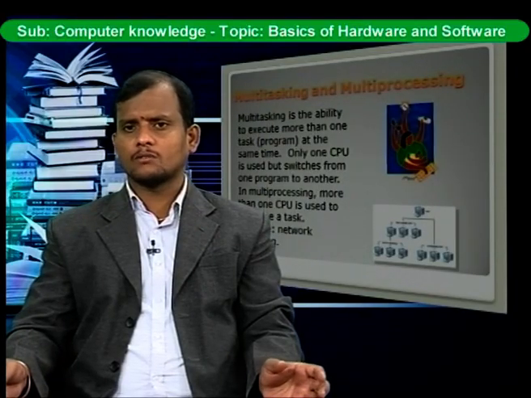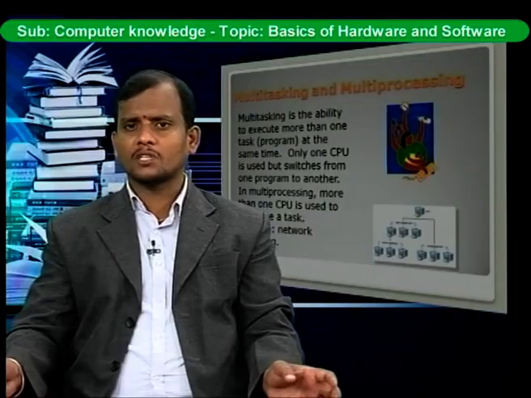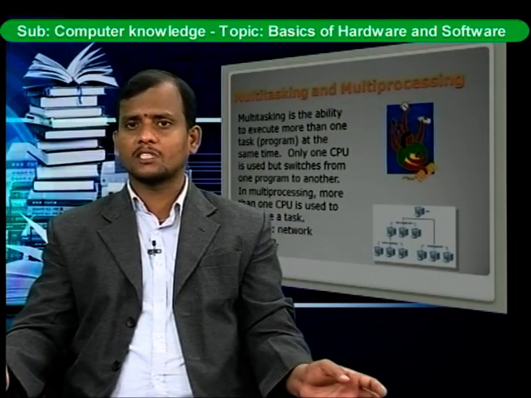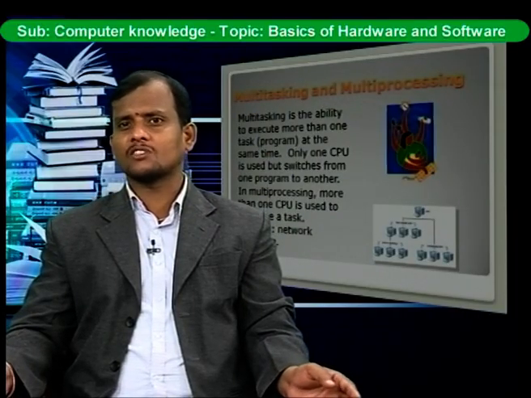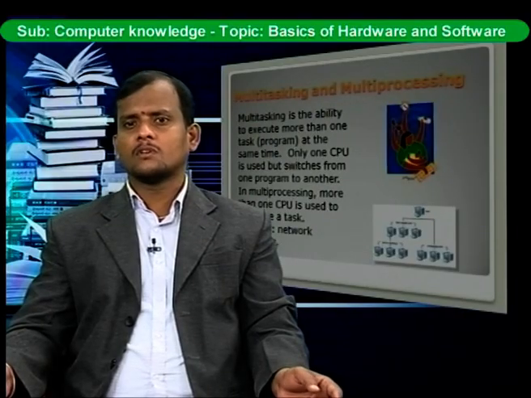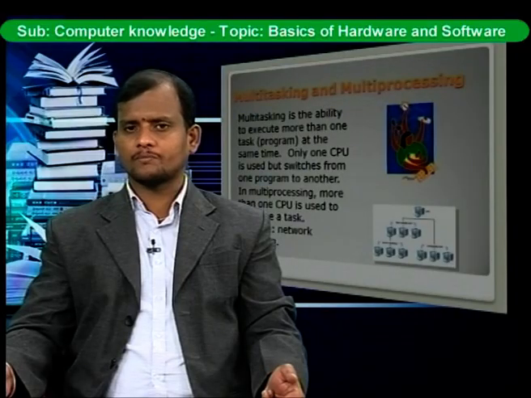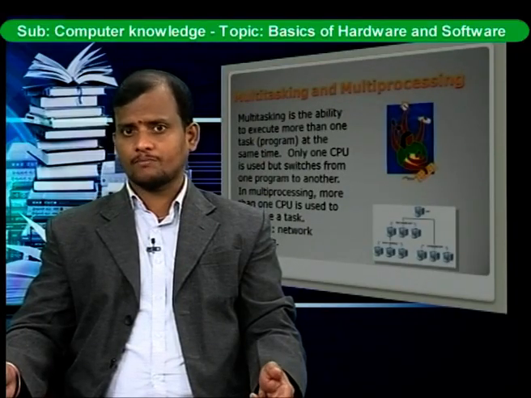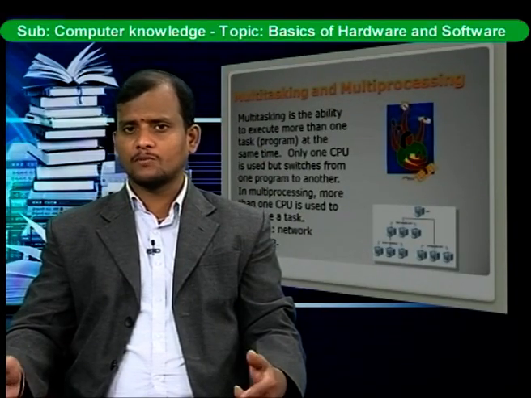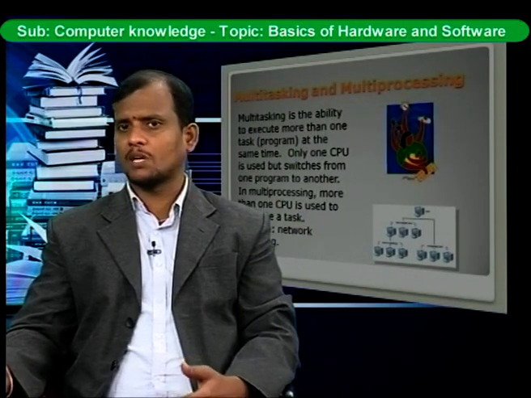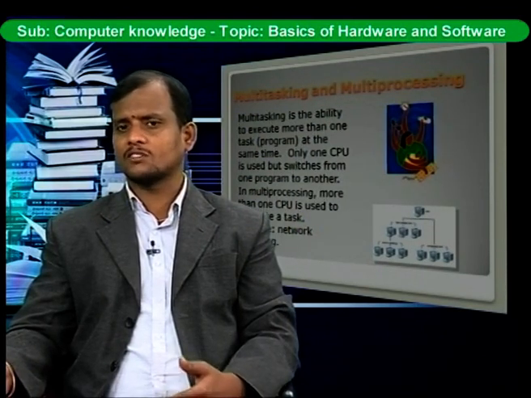So multiple CPUs are working together. That's why it's called multiprocessing. Processing is a terminology related to the CPU. One process, one CPU. If there are multiple processes, then multiple CPUs. That is called multiprocessing.